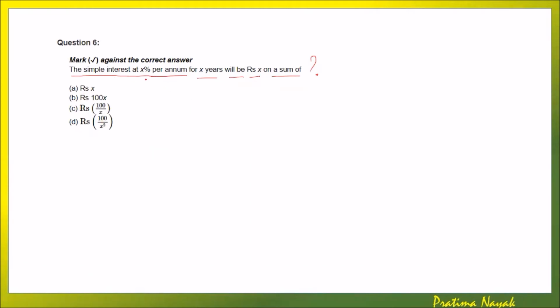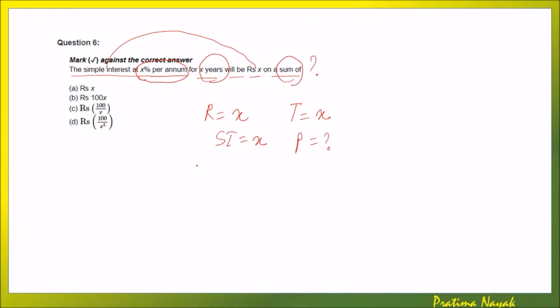Simple interest at X% per annum. So R is X. X years, so time is X. Simple interest is X. SI is X. What is the question? The question is what is the sum? P is what? Write down the formula for P.